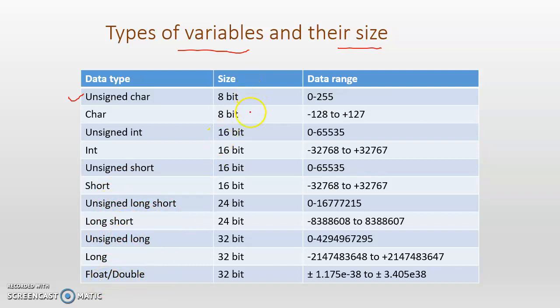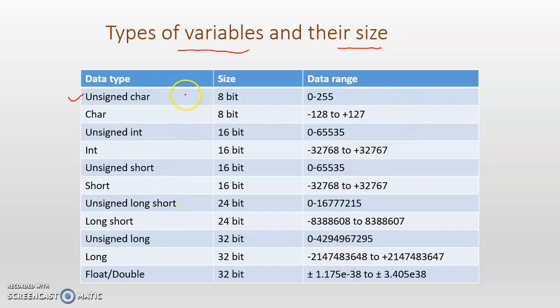These are some of the 8-bit, 16-bit, 24-bit, 32-bit types and their respective data ranges. For example, the unsigned char is 8-bit, and the data range is 0 to 255, and there is no need to define the sign. By default a char is 8-bit, with the sign, from minus 128 to plus 127. So these are all we can define in a particular instance.